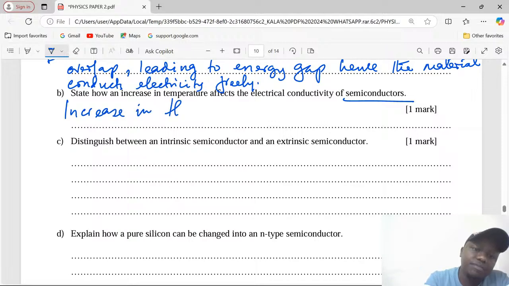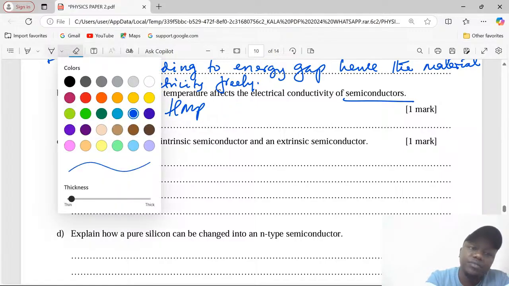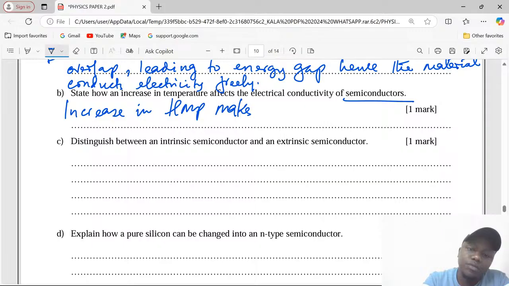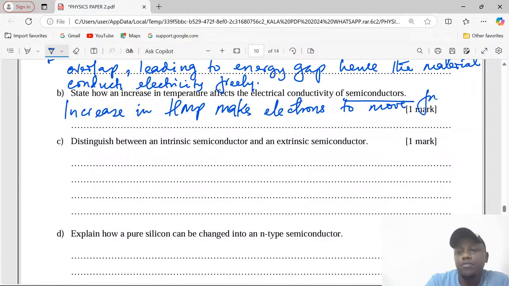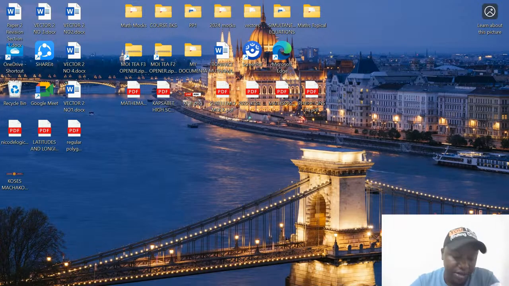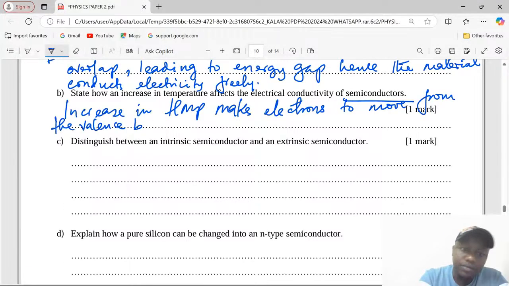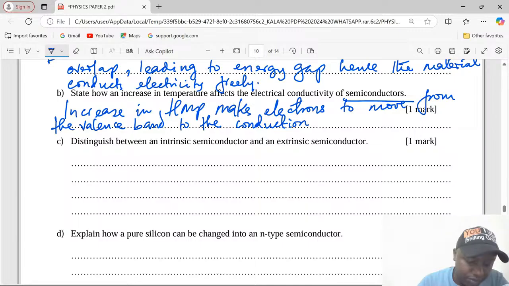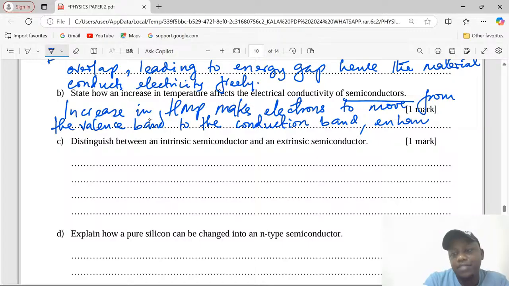Increase in temperature makes electrons to move from the valence band to the conduction band, enhancing conductivity.